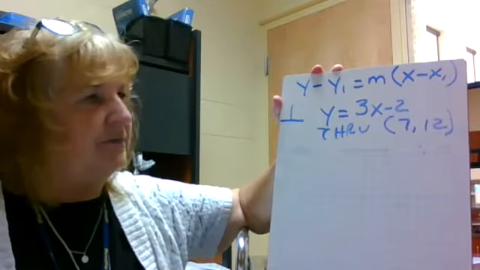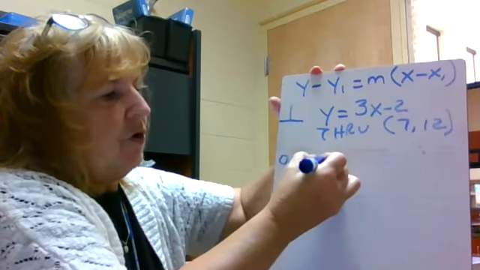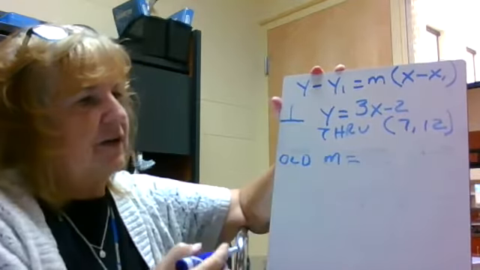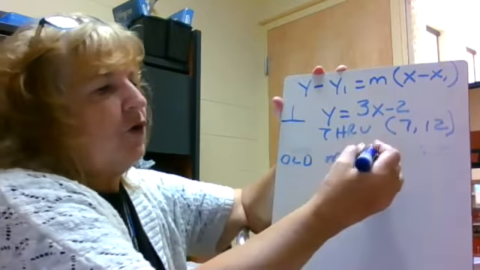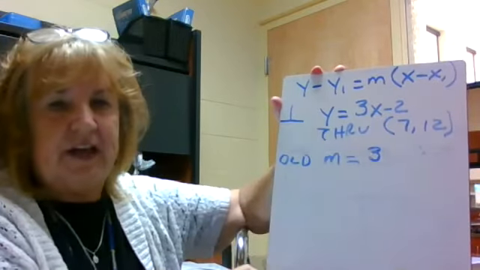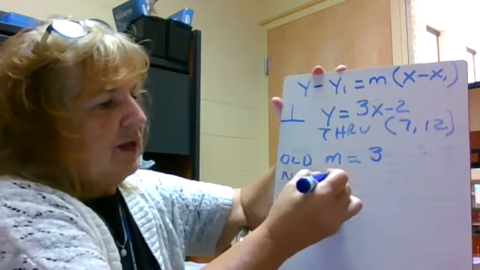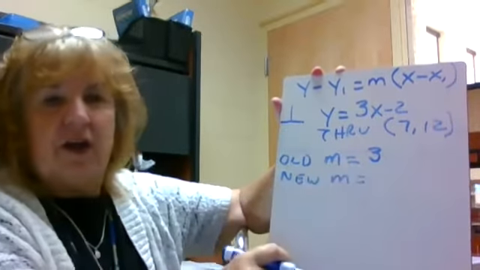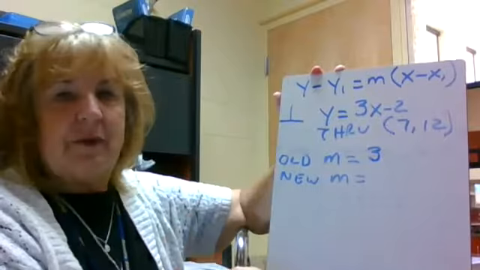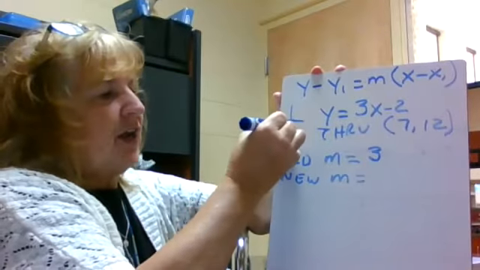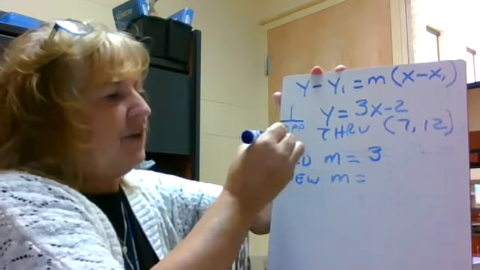All right, we start with our old slope. So our old m value, again, the m is next to the x. So my old m value is 3. My new m value, remember we just wrote down that if they're going to be perpendicular, the slopes are opposite reciprocals.